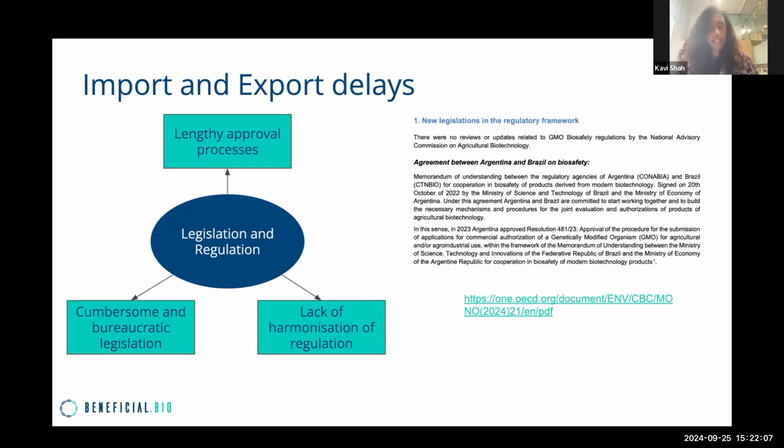The other aspect of that is lengthy approval processes and bureaucracy in actually approving products for import or export. And so in order to simplify legislation and regulation, cross-border agreements and country agreements are really important, and they are being made.